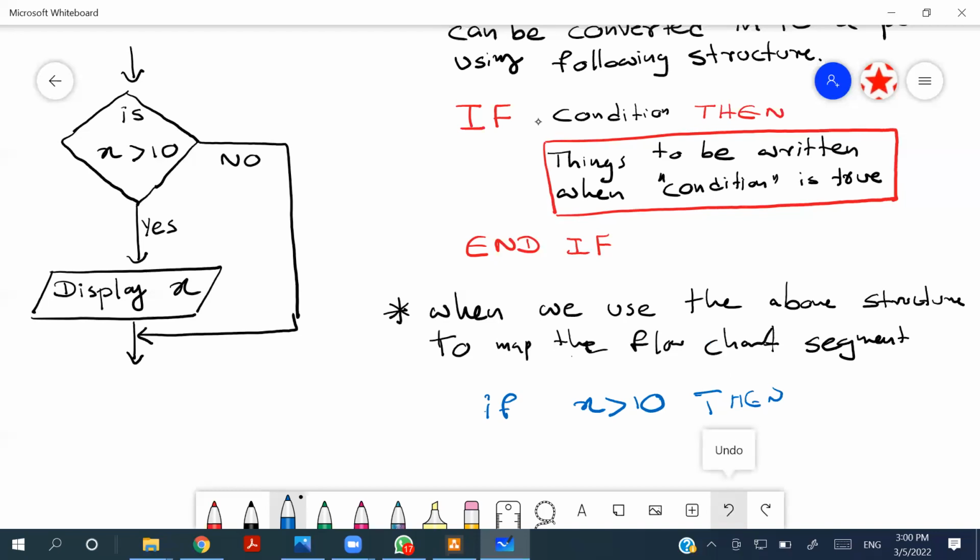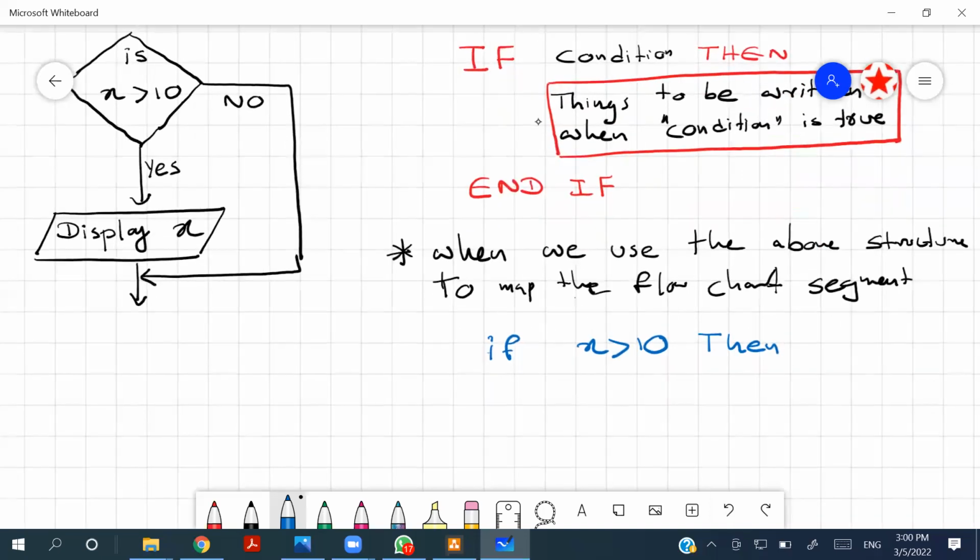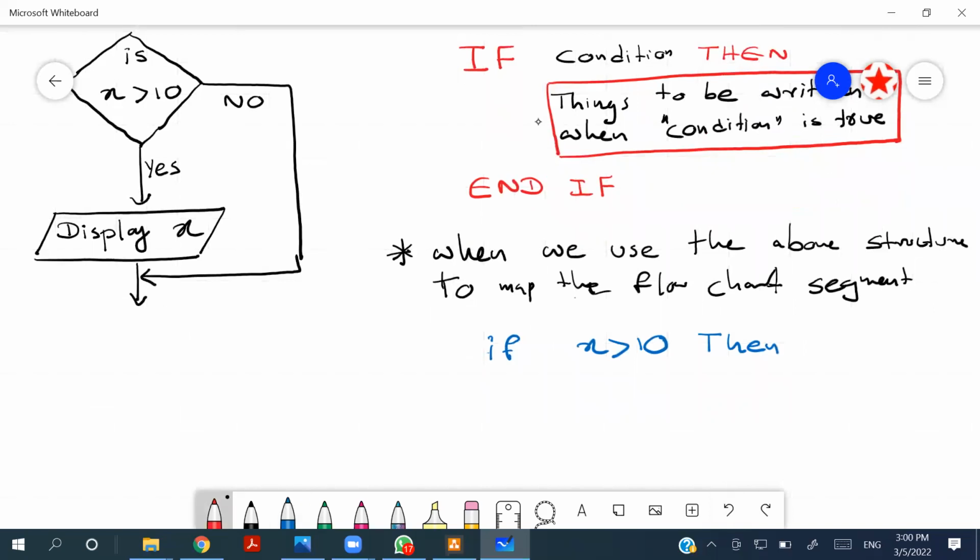Okay, hold on a second, people. It goes in a wrong way. Yeah, like this.